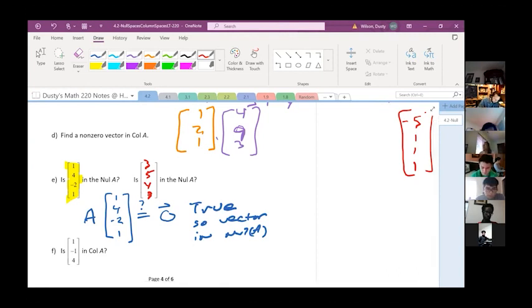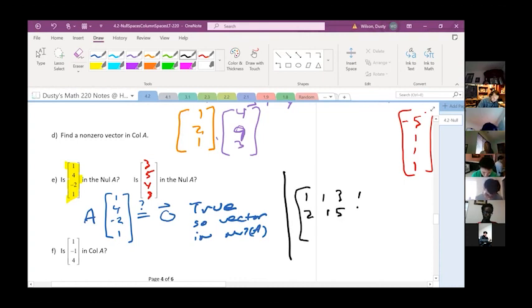So if we want to test that vector, we would take our A matrix, which is a given: 1, 1, 3, 1, 2, 1, 5, 4, 1, 2, 4, -1.